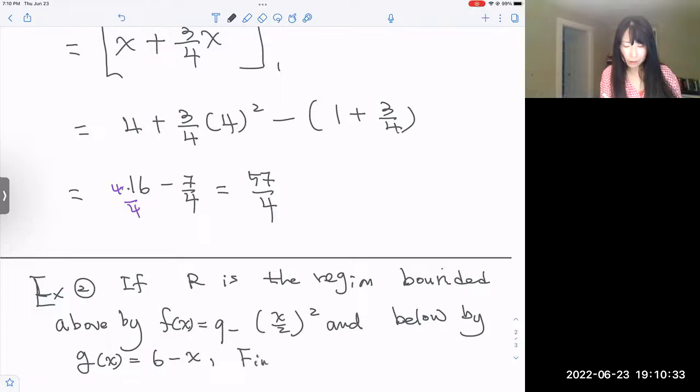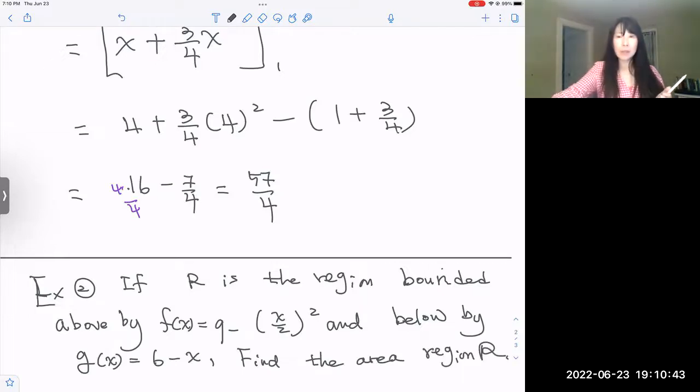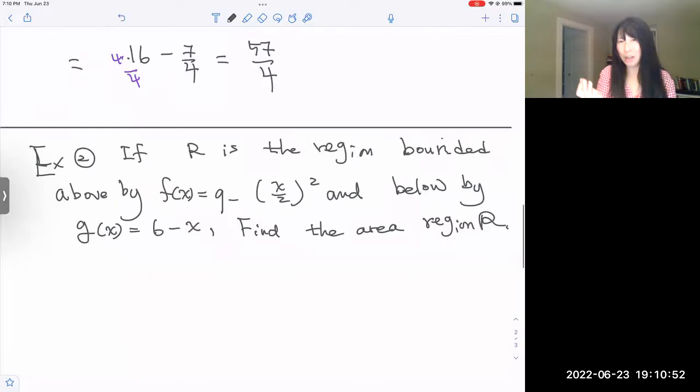Find the area of region R. Okay, so we know which one is the top curve and which one is the bottom curve, right? So we have to draw this one. So roughly, let us do that.